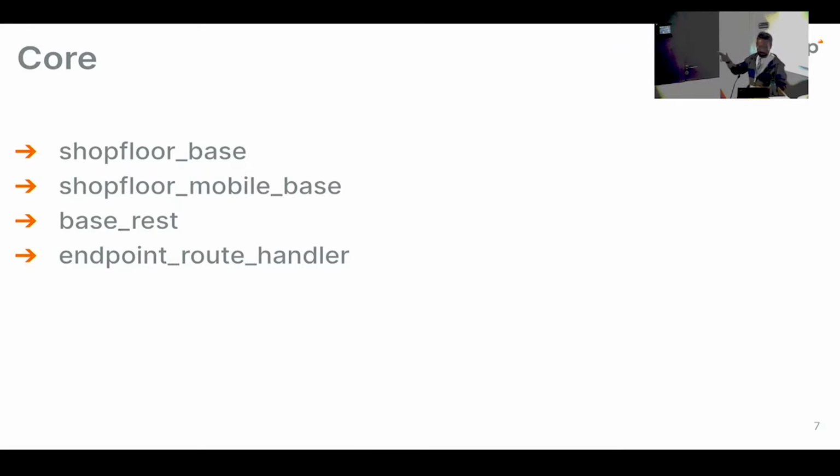As I mentioned, base REST is at the core of the REST services, and there is a new module there, which is Endpoint Route Handler, which is the one that allows you to register automatically any kind of route in Odoo live. So today, if you don't use this, you always have to declare a controller and restart it.